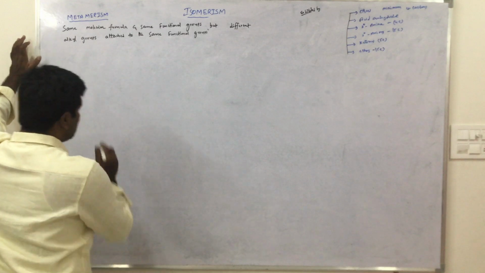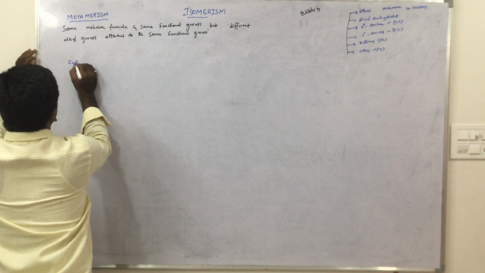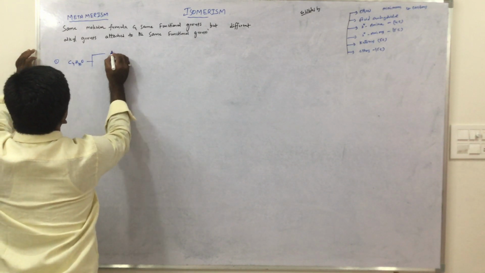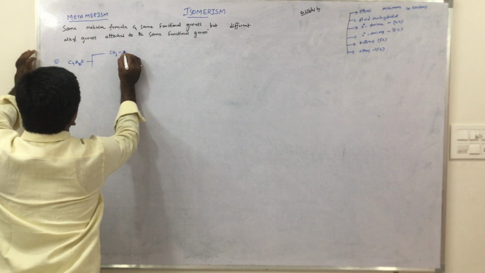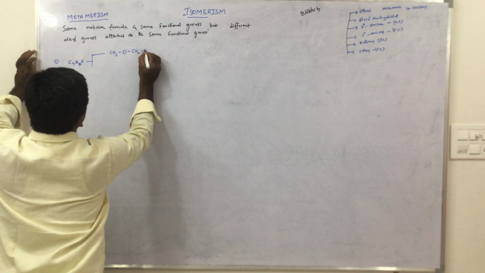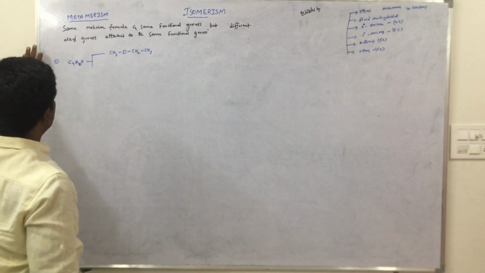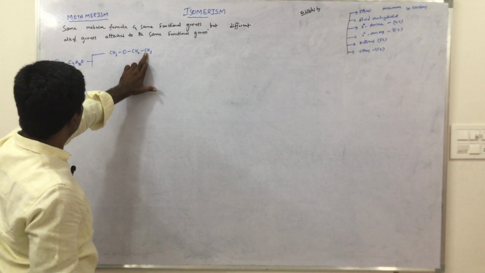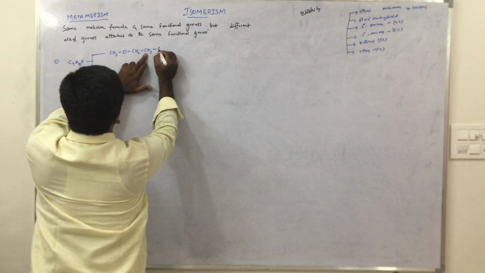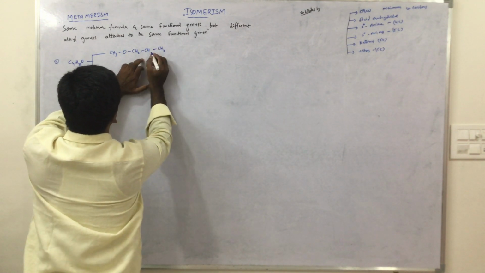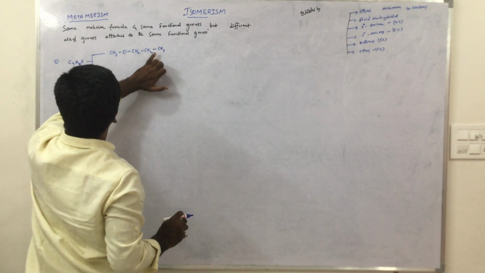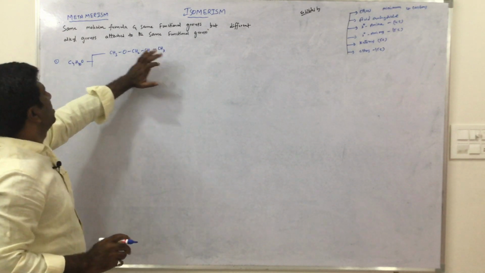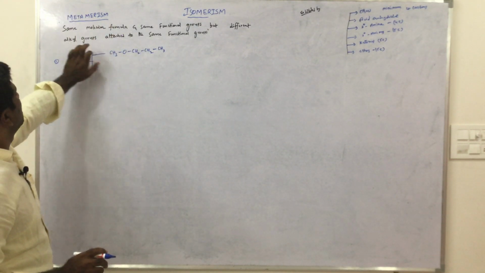C4H10O. First example: CH3-O-CH2-CH2-CH3. Let's check: 1, 2, 3, 4 carbons, 10 hydrogens and 1 oxygen.